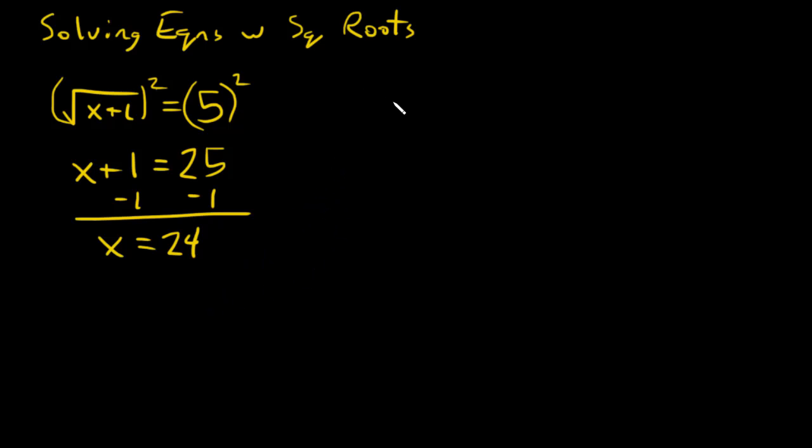So let's do some others. Maybe I'm trying to make something complicated, but it's really not that bad. Root x minus 2, minus 3 equals, I don't know, 2. First thing I want to do is isolate the root on the left.